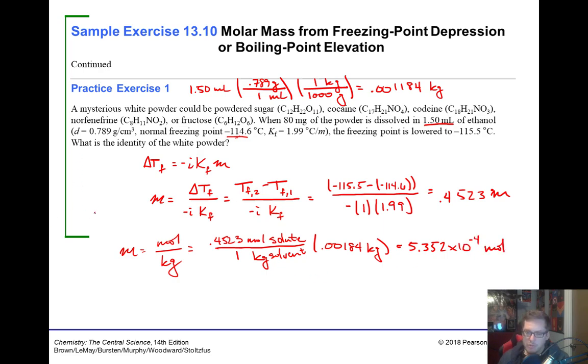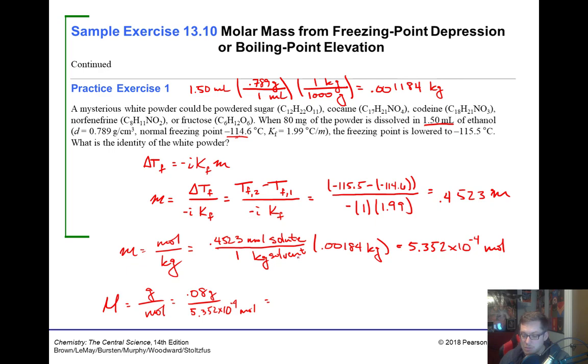Now remember, our molar mass is in grams per mole, so we're halfway there. The molar mass, capital M, is equal to the grams of the solute over the moles of the solute. We know the grams was 80 milligrams, so divided by 1,000, that's 0.08 grams. The moles we just found was 5.352 times 10 to the minus fourth moles.